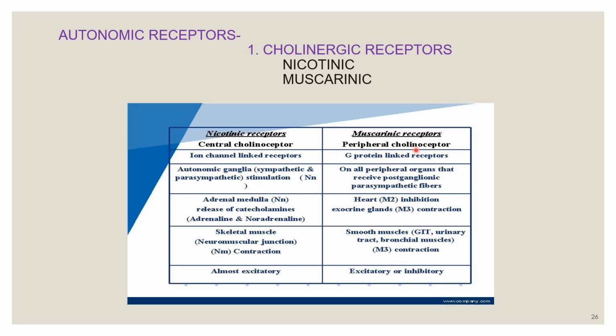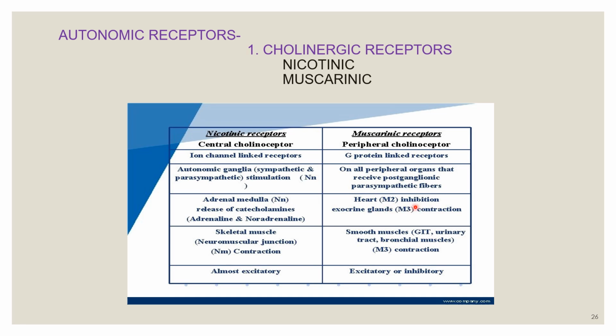Now coming to the muscarinic receptors, they are G protein coupled receptors, and they are present in the peripheral organs that receive postganglionic parasympathetic fibers. There are also many types, M1 to M5. Mainly M2 are present on the heart.